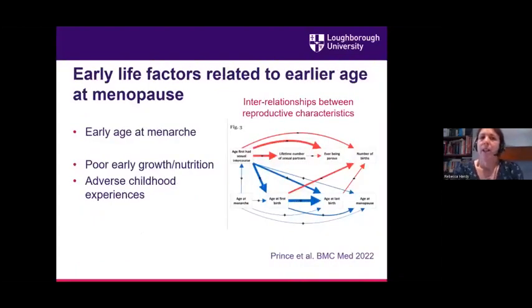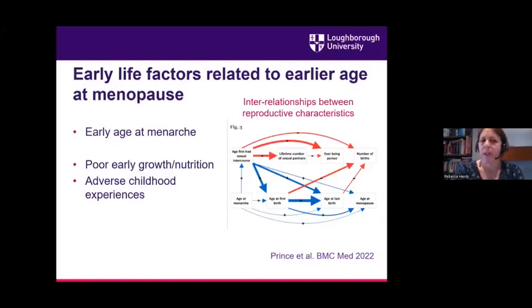Looking at early life factors related to earlier age at menopause, I've done quite a lot of work here, but there are very few studies that have the data from early life and then look at age at menopause. So the evidence here is much more sparse.